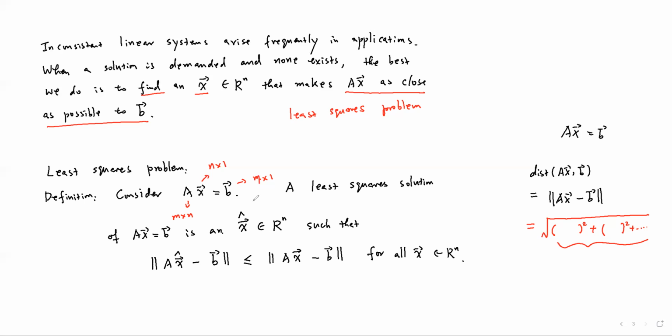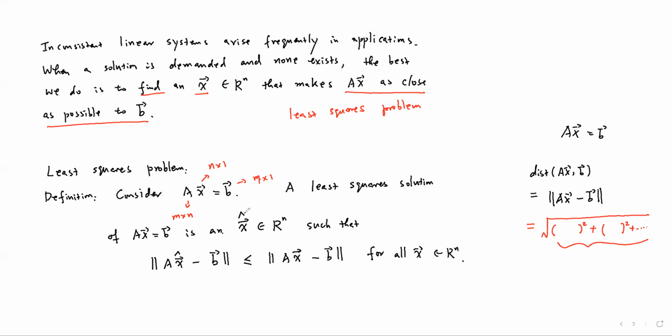If you can find such a vector x hat, then we call x hat a least squares solution of the linear system. Not the exact solution, but a least squares solution, making the squares the least. This is the precise meaning of the least squares problem.